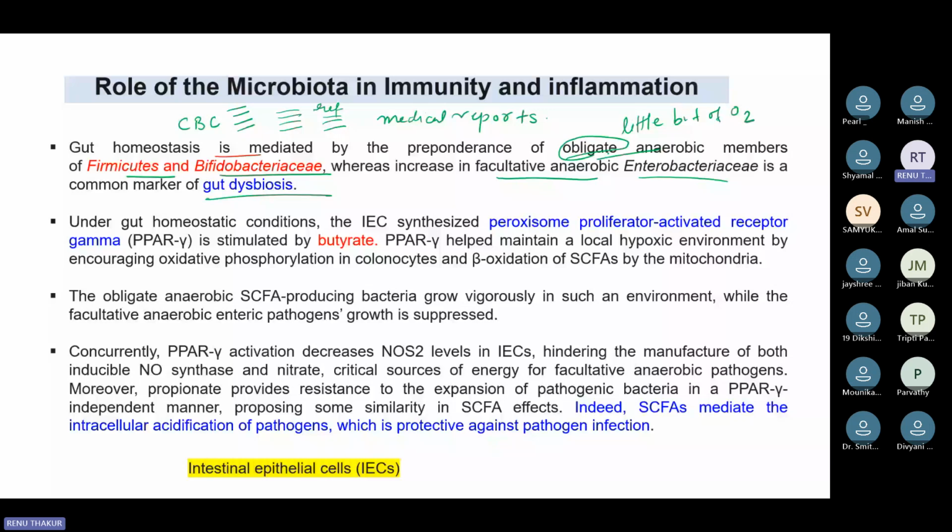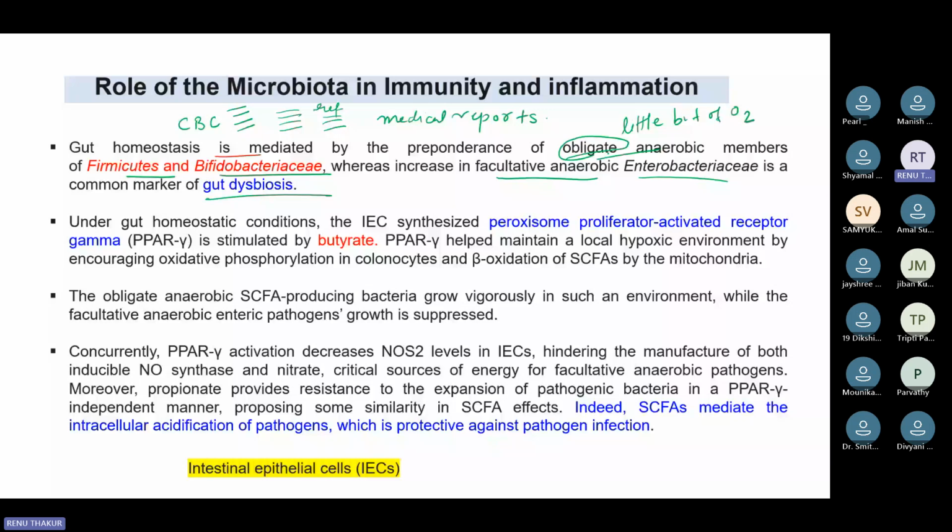Under gut homeostatic conditions, the IEC is the intestinal epithelial cell, the cells of our normal gut. If your gut is healthy, with no disorder or damage, then your intestinal epithelial cells will synthesize PPAR gamma.